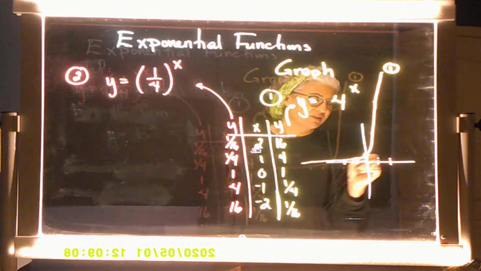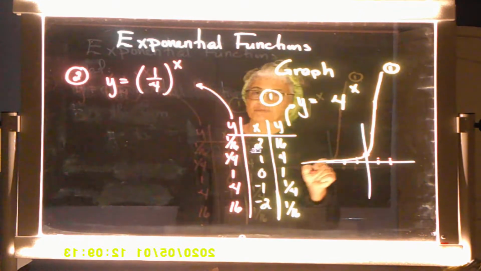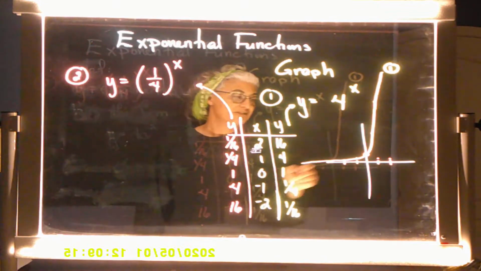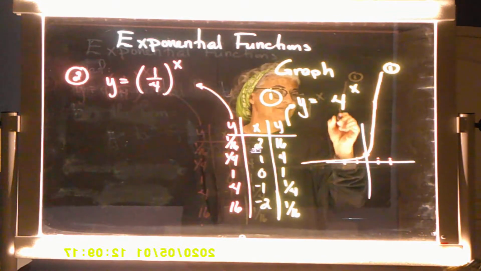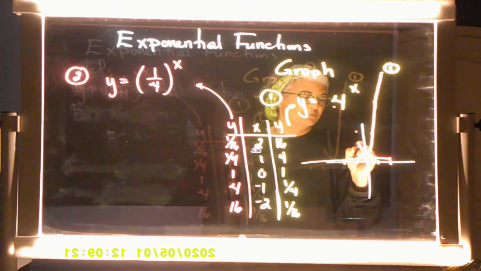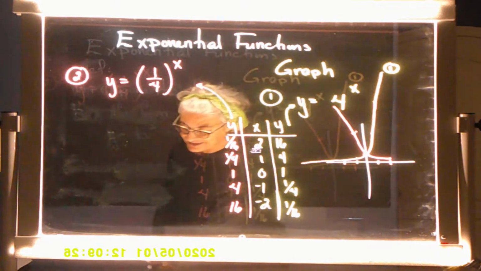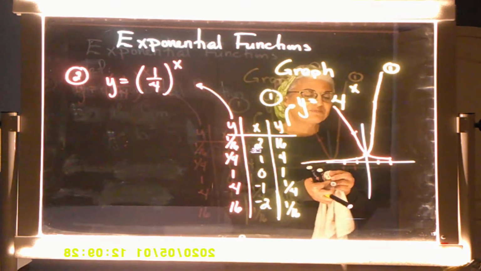So that's about there. I plugged in 0 and I got 1. Same spot, right? I plugged in negative 1 and I got 4 and negative 2 gave me 16. So here's the deal. Let's see how my points are lining up. Well, that one was a little off kilter, so we're going to rearrange it.